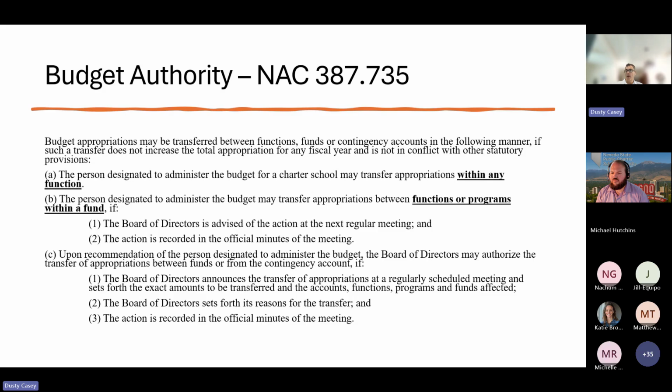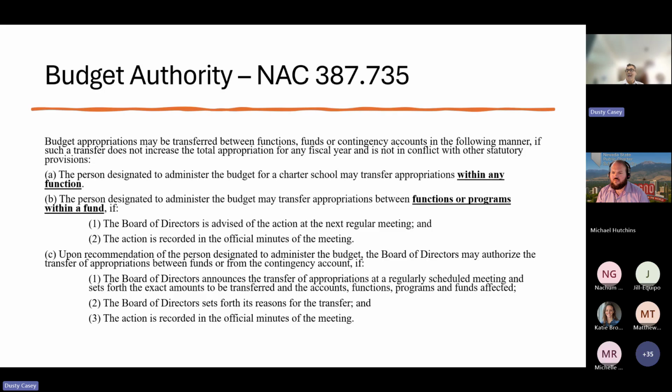So if you're not budgeting properly in special education and you're way low, for example, that you're really going to spend $500,000, but you are only showing your board $200,000. Well, technically, when your school leader who's responsible for administering the budget goes over $200,000, they're violating NRS and NAC. And so it's really all rooted in compliance and budget authority.